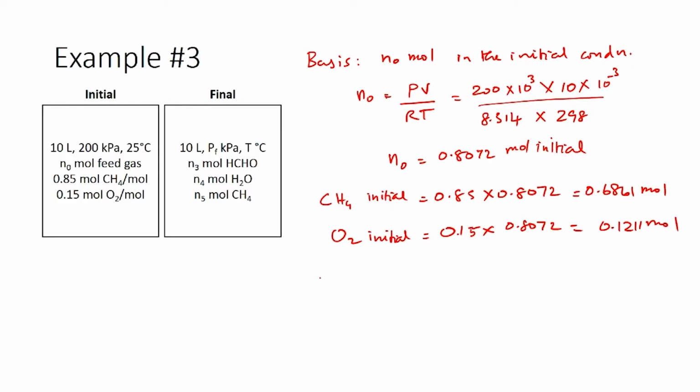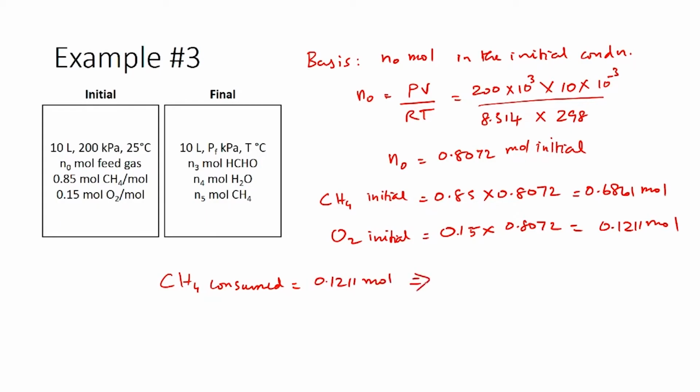Now, we need to identify how much methane is consumed. We know all of oxygen is consumed, so 0.1211 moles of oxygen was consumed. According to stoichiometry, for every mole of oxygen consumed, 1 mole of methane should also be consumed. So, methane consumed would be equal to 0.1211 moles.